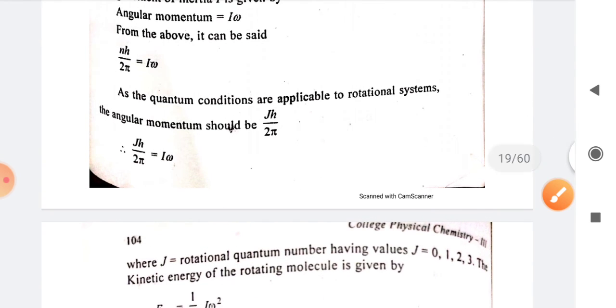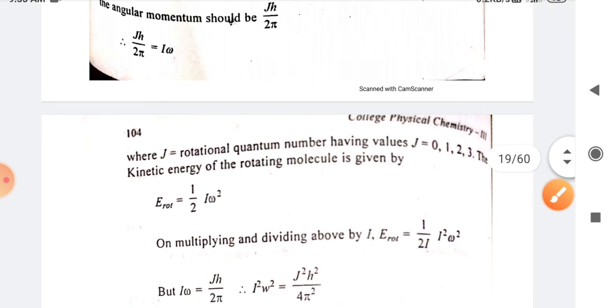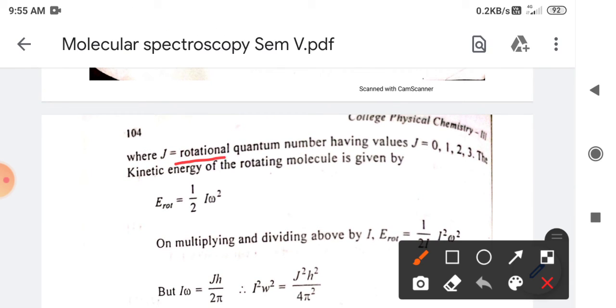As the quantum conditions are applicable to rotational systems, the angular momentum should be equal to jh upon 2 pi, where j is the rotational quantum number. So instead of taking this integer, we apply this theory to rotational motion.